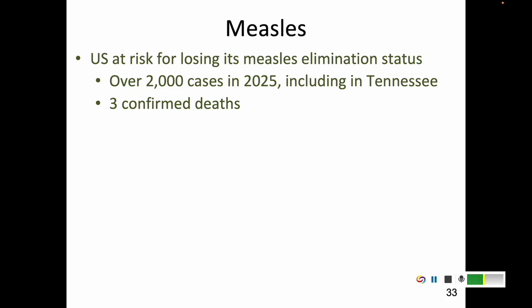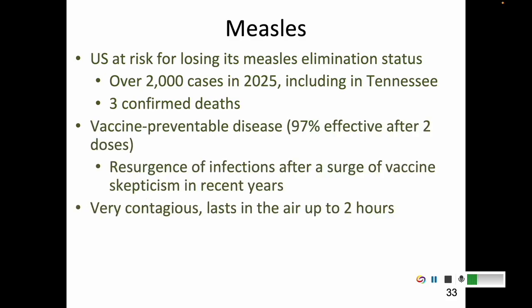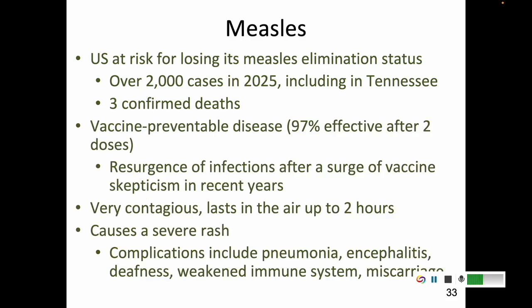A lot of that is due to vaccine hesitancy. So it is a vaccine preventable disease. After 2 doses of the vaccine, it is 97% effective at preventing infections. But because there weren't cases around, people got kind of a little bit lazy. Because why should I get vaccinated for a disease I can't get, right?